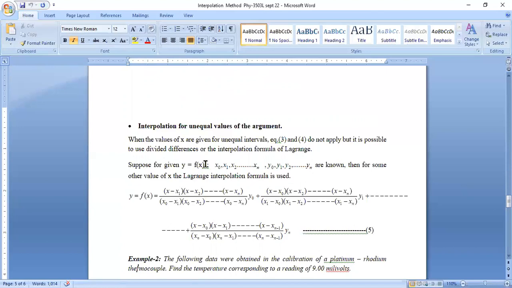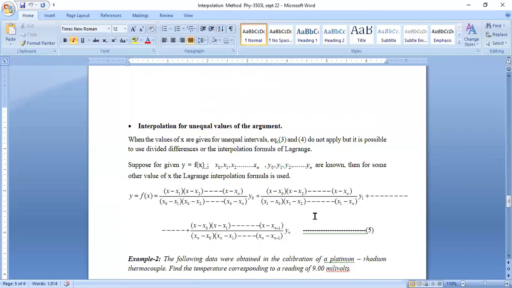Where x0, x1, x2, xn, and y0, y1, y2, yn are known, right? Then for some other value of x which is not listed in the table, you can interpolate this x. You can find y for the corresponding value of x which is not listed in the table using the Lagrange interpolation method for unequal interval.